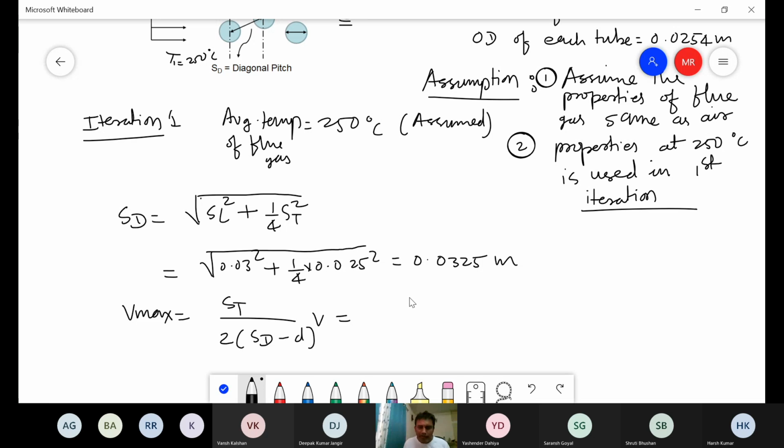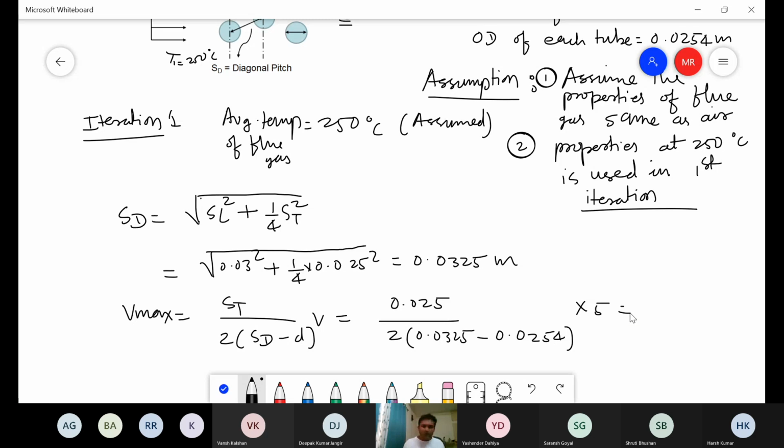The velocity is already given, so we write 0.025 divided by 2 into SD, which we just obtained as 0.0325, minus the diameter of each tube, 0.0254, into velocity 5.